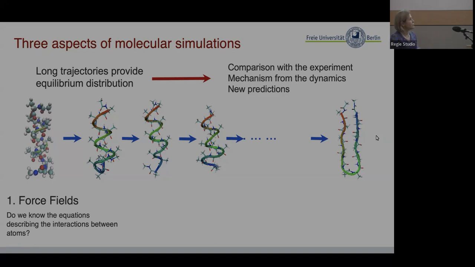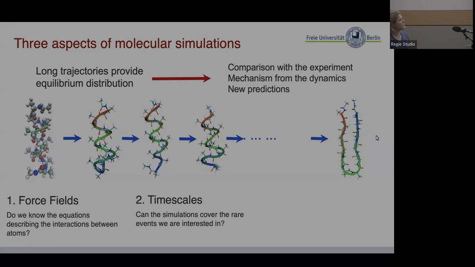Now machine learning is changing that, and people use a lot of machine learning to define the energy functions. But even if you have the energy functions, how do you integrate in a computer such a large system in a way that you can sample events that are very long in time scale for biological systems, meaning you want to observe a molecule perform a biological function, and this usually happens in milliseconds and beyond.